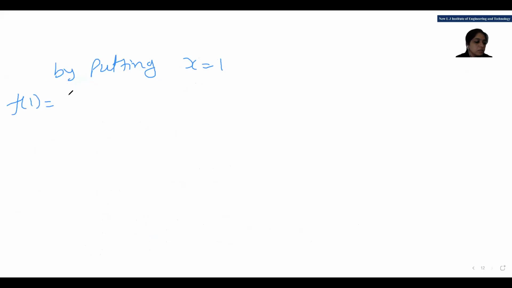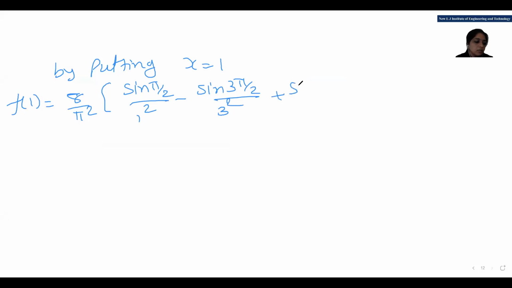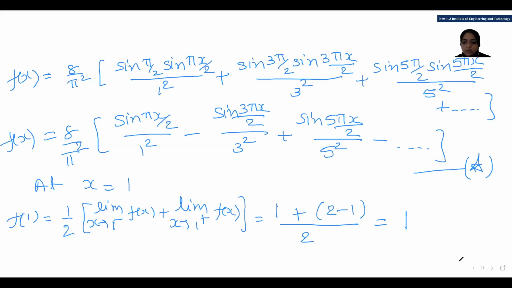And f of 1 is 8 upon pi square times sine pi by 2 upon 1 square minus sine 3 pi by 2 upon 3 square plus sine 5 pi by 2 upon 5 square minus, and so on. As you know, the value of f of 1 which we found is 1.